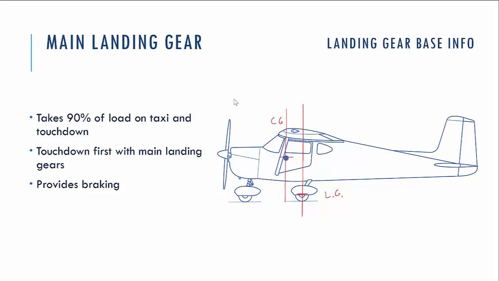If you first touch down on landing with the front landing gear, it would just collapse, and it could cause an accident. So always perform touchdown with the main landing gears first. And also only the main landing gears are equipped with a braking system.